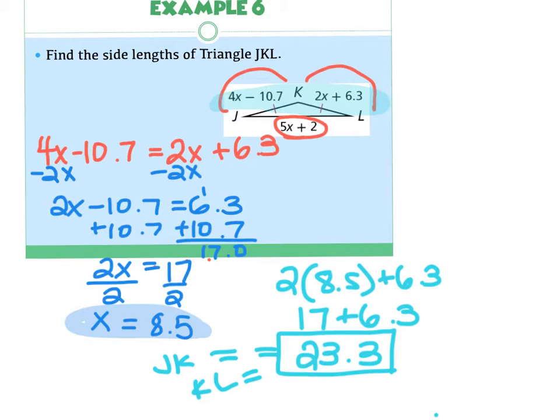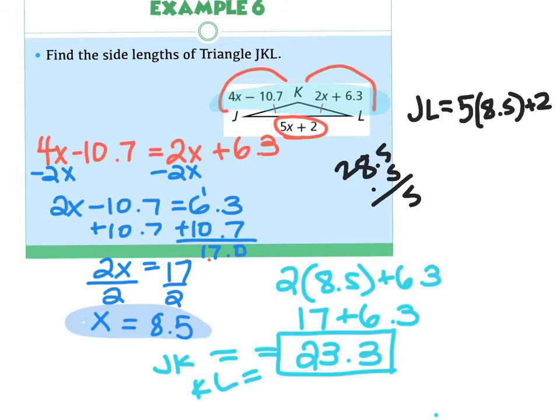And now I need that bottom side, JL, which is 5 times 8.5 plus 2. So 8.5 times 5 is 25. That's 40. Plus the 2 is 42. 2 and 1 digit behind the decimal. So this is 42.5 plus 2, or 44.5.